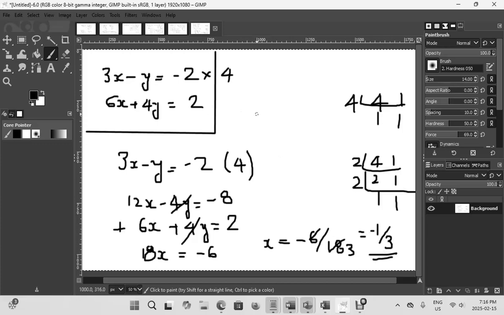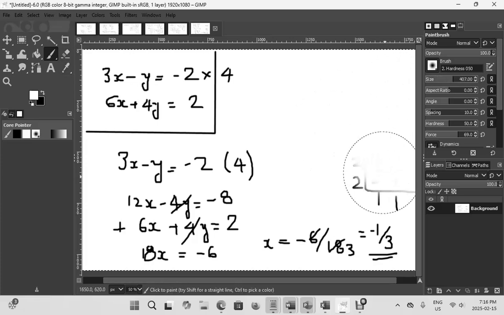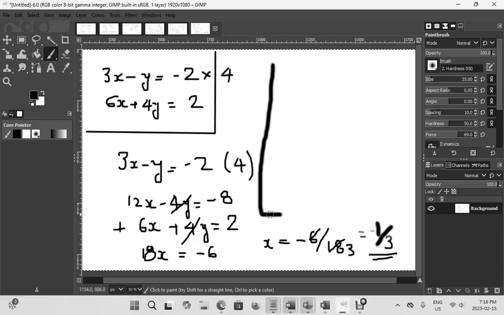All right, so your x is negative 1/3. You sub in this value for x to solve for y. In order to solve for y, you will sub in this value, negative 1/3, into one of these two equations.